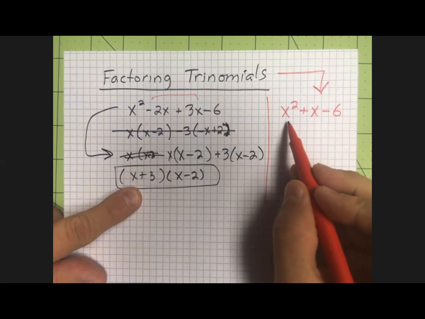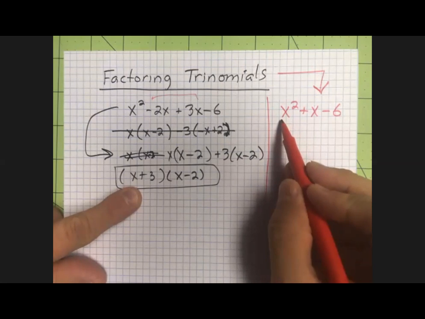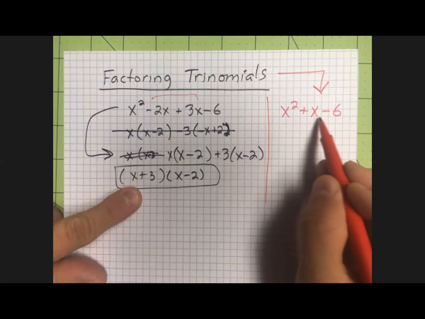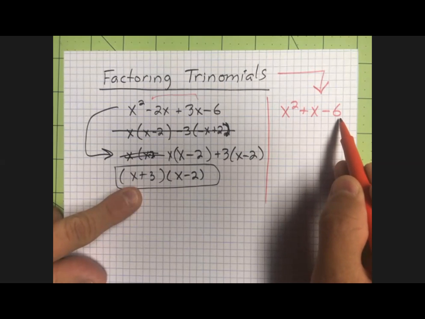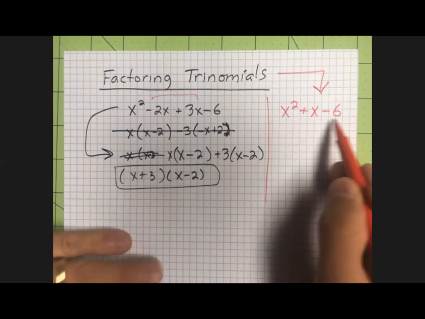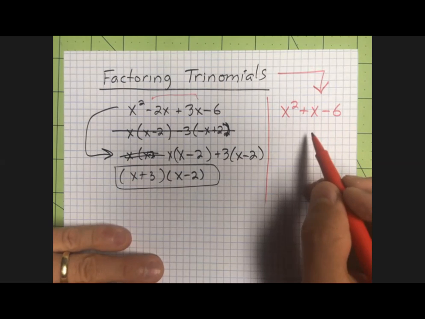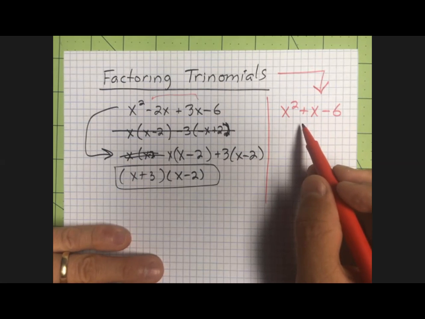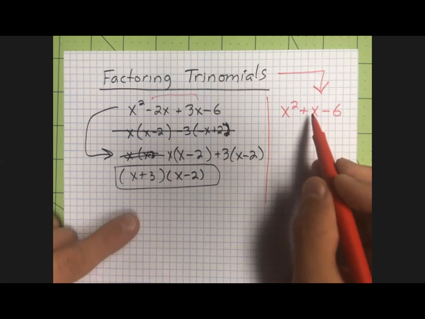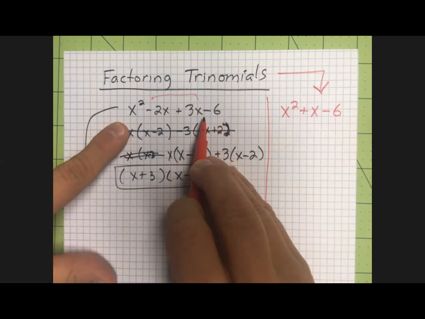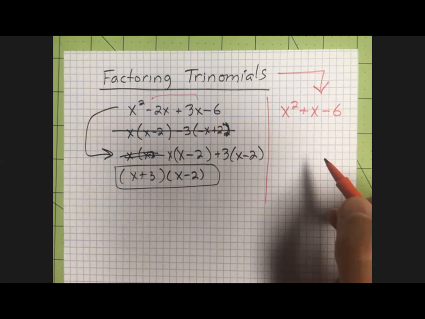Let's go through our checklist. Remove the greatest common factor. Three pieces, they have nothing in common. Group. Well, I group the first two and take out an x, but that doesn't really help me too much. Only if I think about this in this way, maybe, would I make some progress.